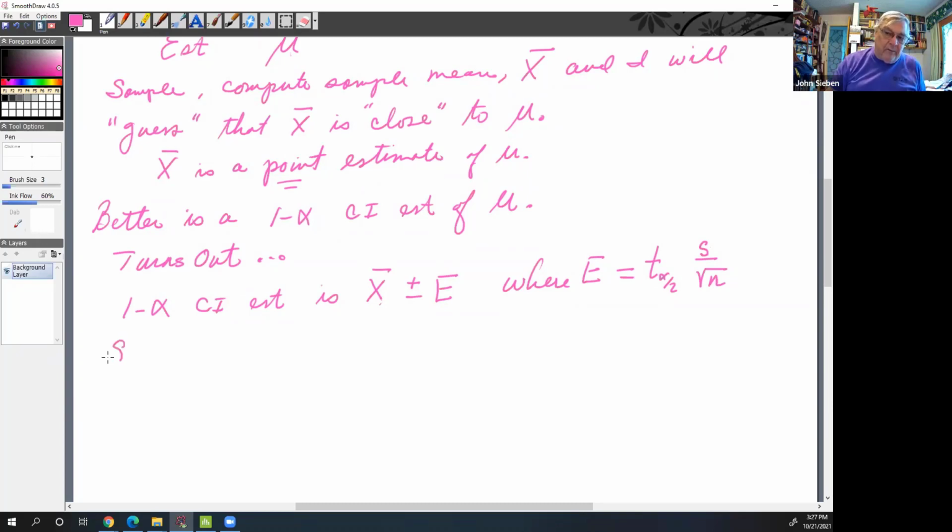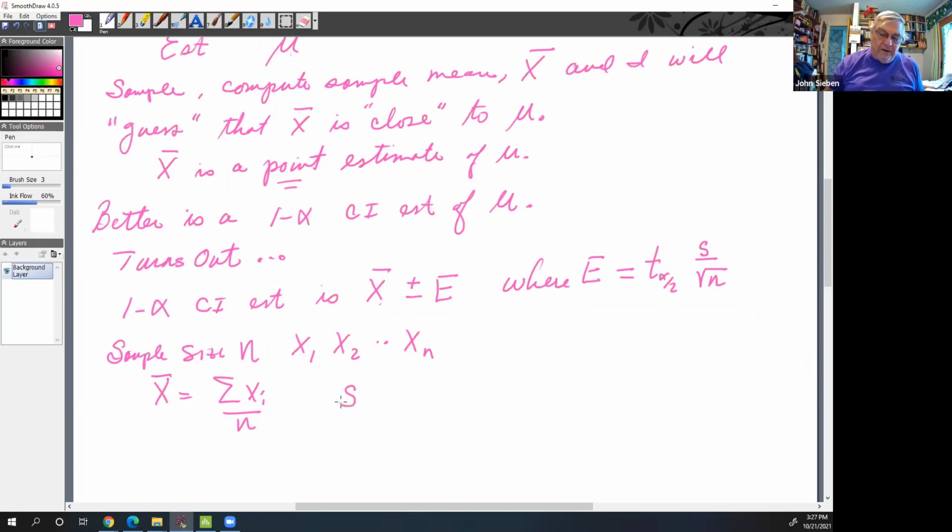We take our sample. We agree on some size N, and our sample looks like then X1, X2, and keep going to Xn. And from formulas we learned first week of class, X bar is equal to the sum of Xi over N, which means you add all these up and divide by how many you had.